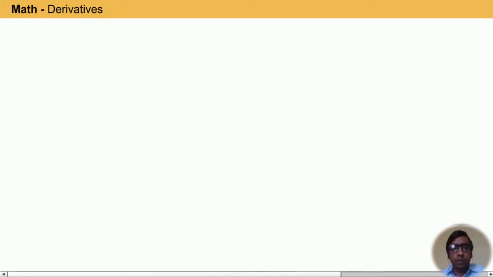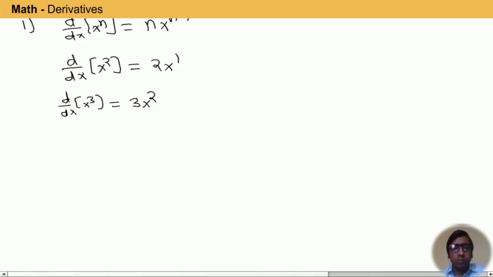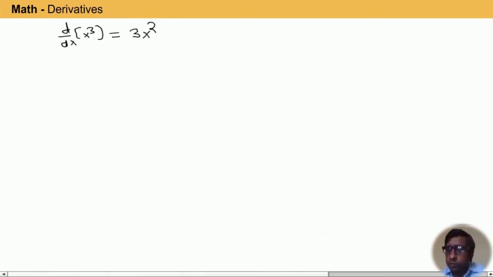Here is the first problem on the board. It says if f(x) equal to tan inverse 1 over x square root of 1 plus x square minus 1, then find f dash 0, means the derivative at x equal to 0. So here I am writing the question on the board.